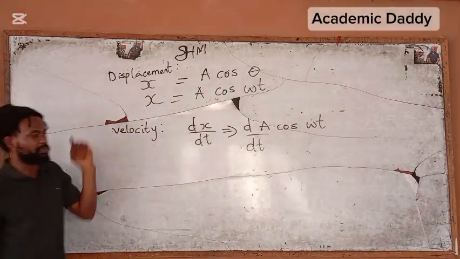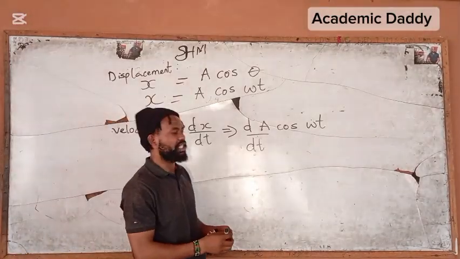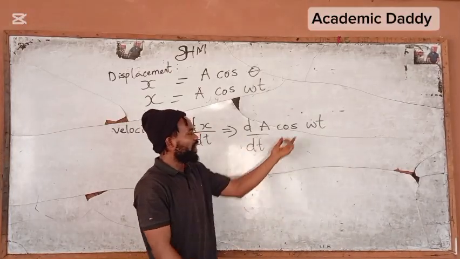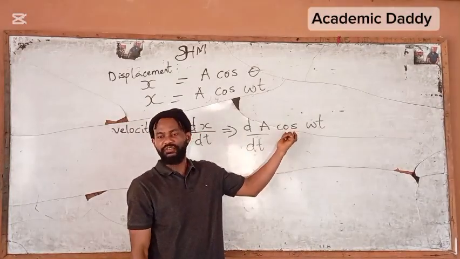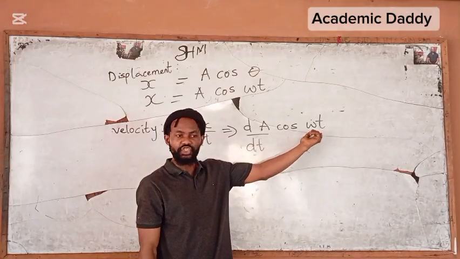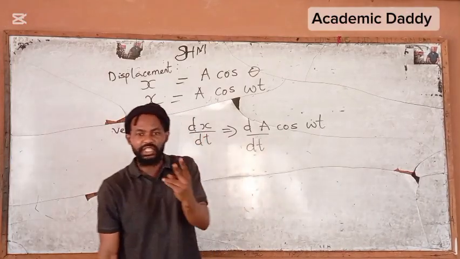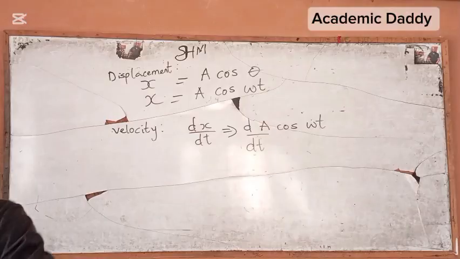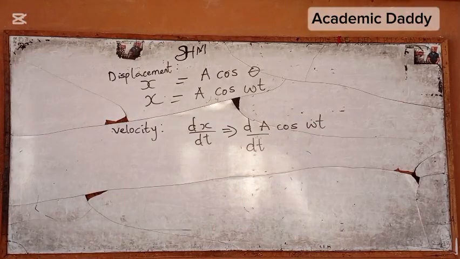So we are deriving this, but notice something. What we have here is cos, and cos is a function. Is it not true? Then we have another function here, which is wt. So this equation actually has two functions. And anytime we have a function of a function, what we make use of is what we call the chain rule, the composite function.